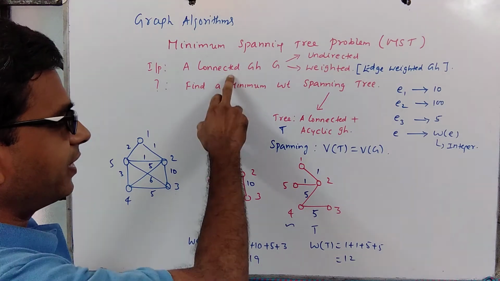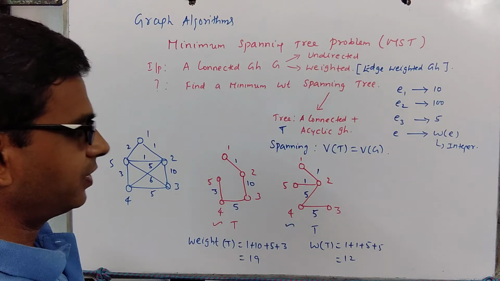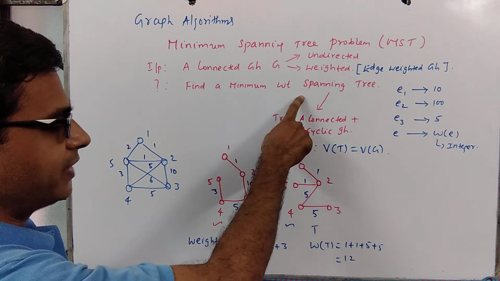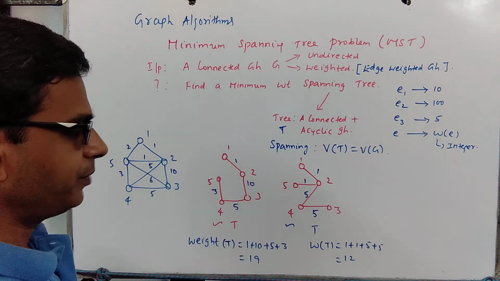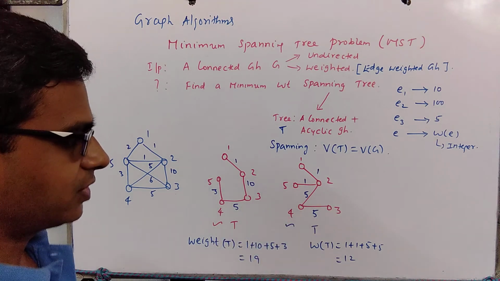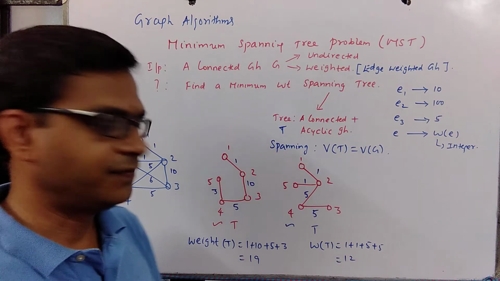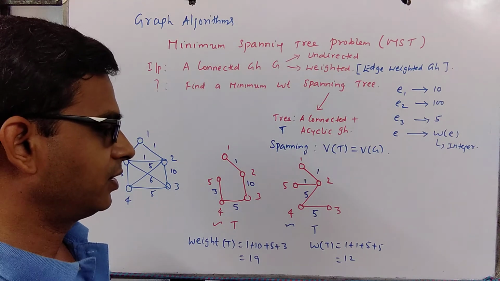So given a connected graph, in particular an undirected edge-weighted graph, we wish to find a spanning tree of minimum weight. There may be many spanning trees, and of all that, we want to choose the one for which the weight is least.